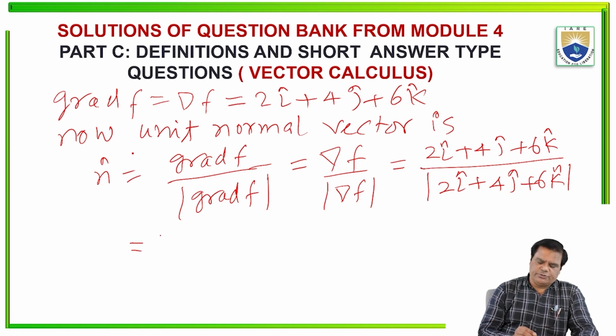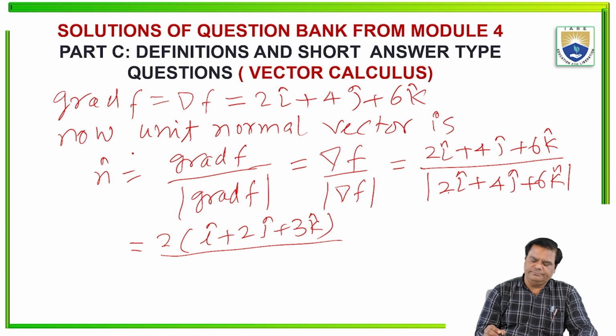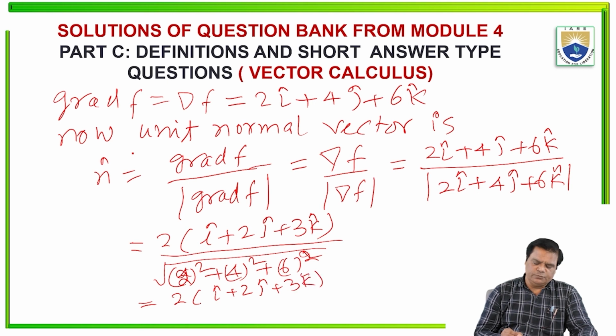Taking 2 common, it is 2 into (i plus 2j plus 3k) upon the square root of 4 plus 16 plus 36.